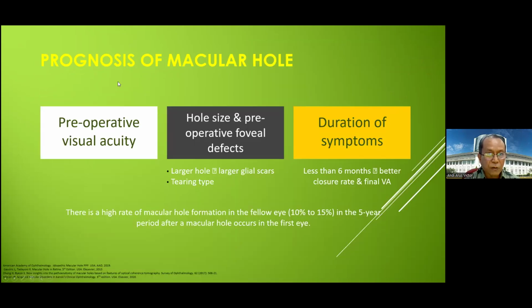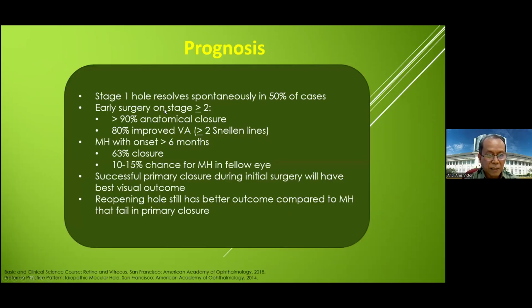The prognosis of macular hole depends on the preoperative visual acuity, hole size, preoperative foveal defect, and duration of symptoms. Usually stage 1 holes resolve spontaneously in 50% of cases.